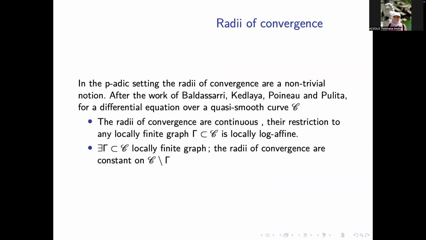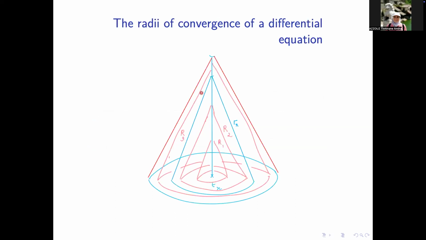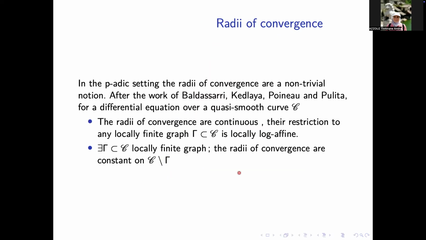As I said, the radius of convergence is not a trivial notion. It's a very important invariant. The radius of convergence, when taken on the whole disk and not only inside it, is continuous on the domain where my differential equation is defined.